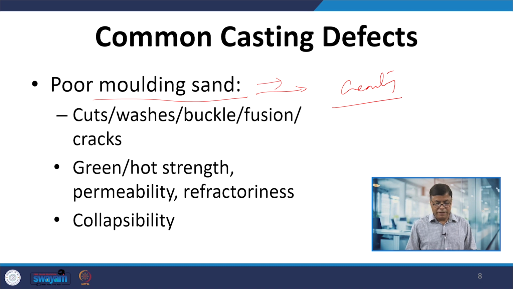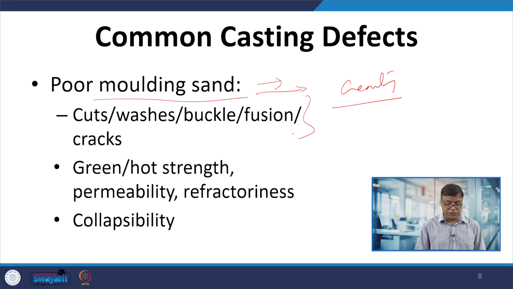The second, if the permeability is less, then it will be leading to a reduced possibility of the gases escaping from the mold during the solidification. So, that will be promoting the gaseous defects. So, the point here is cuts, washes, buckles, fusion and cracks.